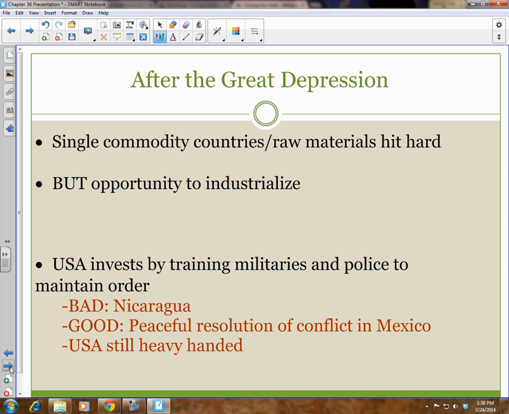Okay, so by and large, these protests by these people who promoted communism failed to deter American enterprise. The Great Depression, however, was somewhat more successful.